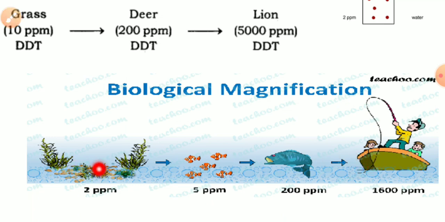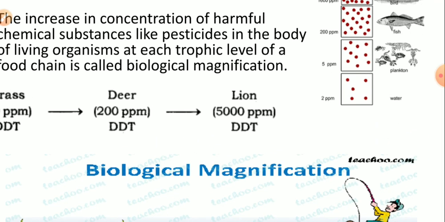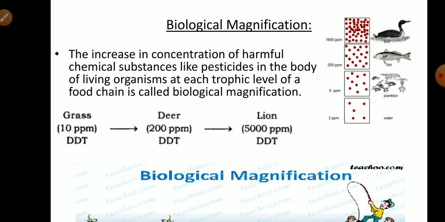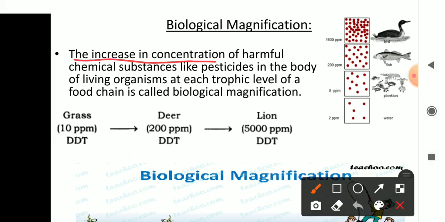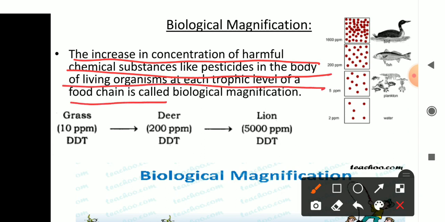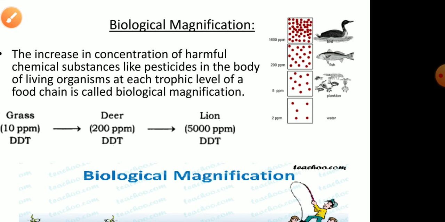So you can see here the concentration of pesticide from 2 ppm to 1600 ppm in the human body, it's going on increasing. Okay, so this increase in the concentration of harmful persistent chemicals like pesticides in the body of living organisms at each trophic level is what is called biological magnification, and this is another problem that we all are facing.